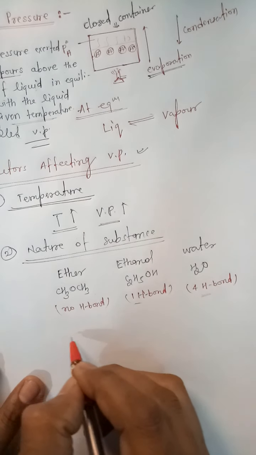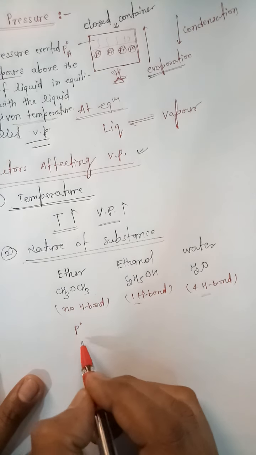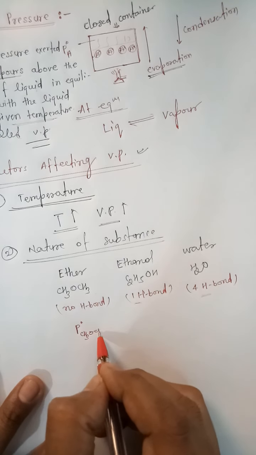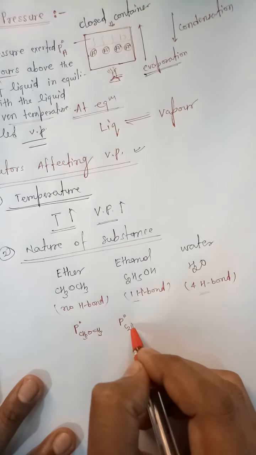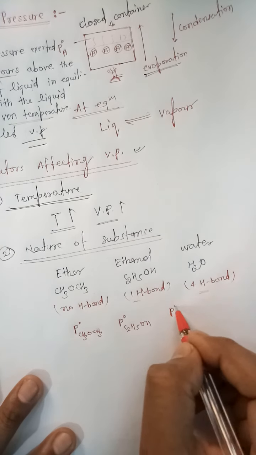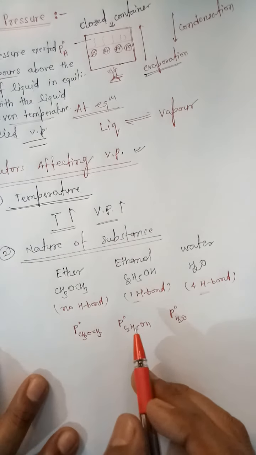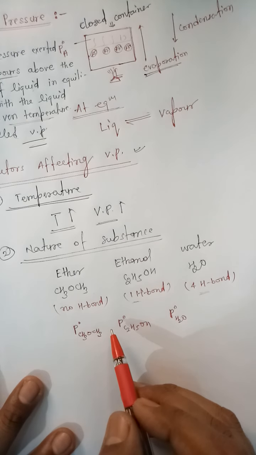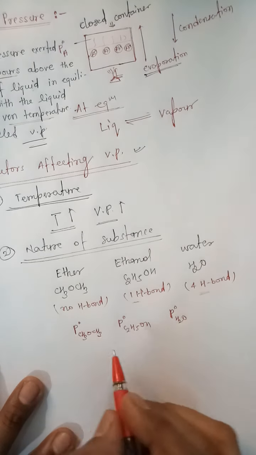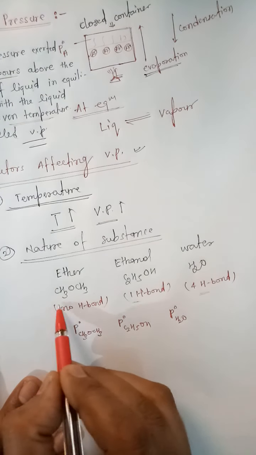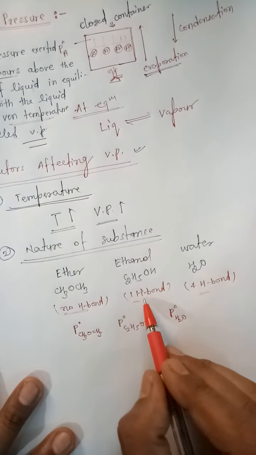So we can say the vapor pressure of dimethyl ether CH3OCH3, vapor pressure of ethanol C2H5OH, and vapor pressure of water, the order will be what? Those liquids which have low force of attraction between the molecules will have higher vapor pressure. Dimethyl ether has no hydrogen bond, interaction is weak as compared to ethanol and water.